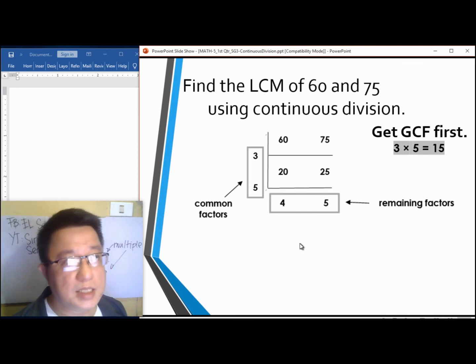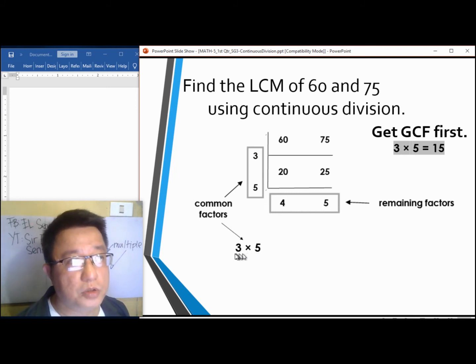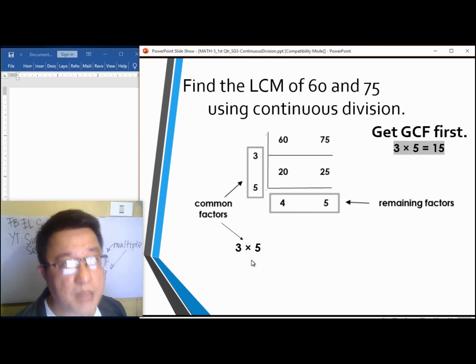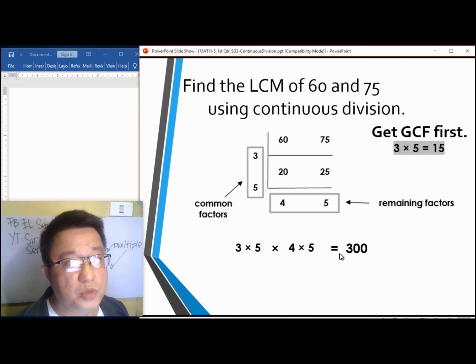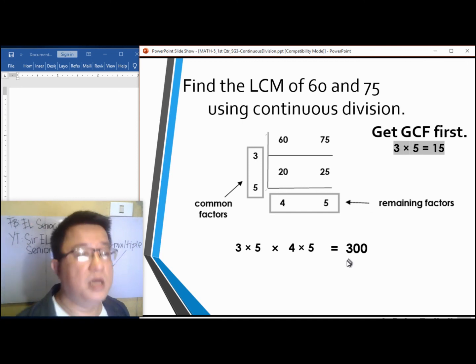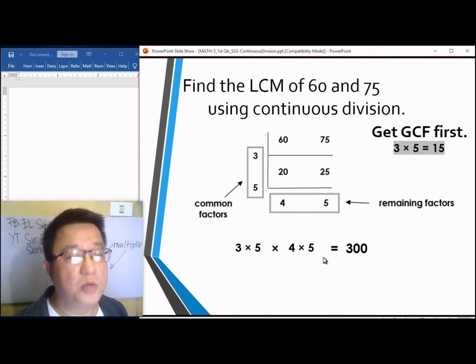To get the LCM, we combine this GCF, 3 and 5, with the remaining factors 4 and 5. So we write it as 3 times 5 times 4 times 5, which will result to 300. So the least common multiple of 60 and 75 is 300.